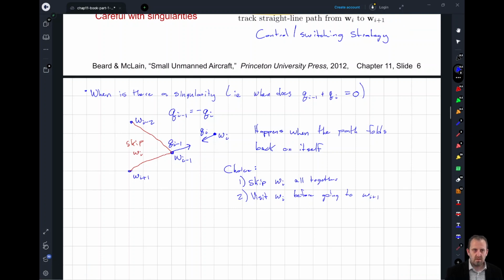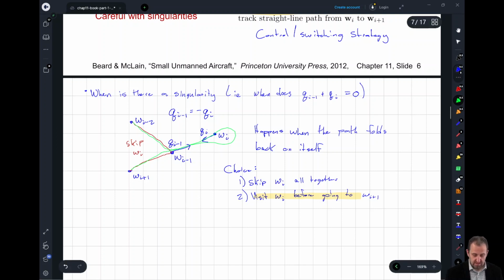And so assuming that whatever planner is giving us the series of waypoints we need to visit, we're going to assume that it knows that it's good to go towards that wi. So what we're going to do is make sure we visit. So if we come here, the green will go through and visit, and then we'll turn around and go down to wi plus 1. So that's the strategy that we'll employ.